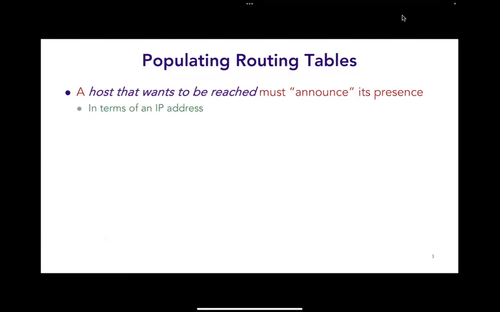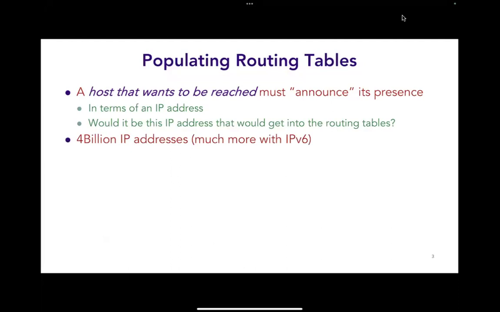However, will I announce my own IP address and everyone will do the same? Will this IP address get into the routing table of the routers? There are 4 billion IP addresses for IPv4, and much more with IPv6. It is not possible to have all of those 4 billion IP addresses in the routing tables.